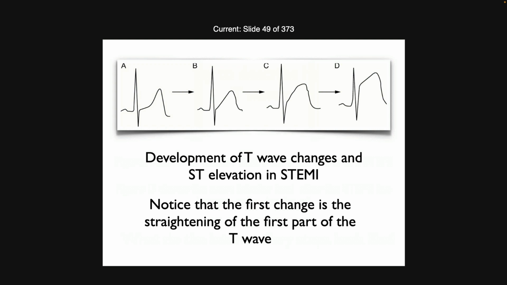If you see, the first thing that happens is the ST segment tips up and the T wave straightens out and becomes flat, and then it eventually becomes concave, meaning this way, and then the ST elevation starts. So if you know that fact, while you can't make a STEMI alert based on this, it's telling you these are areas we have to pay attention to. These are areas, if we do another 12 lead, we're going to look.